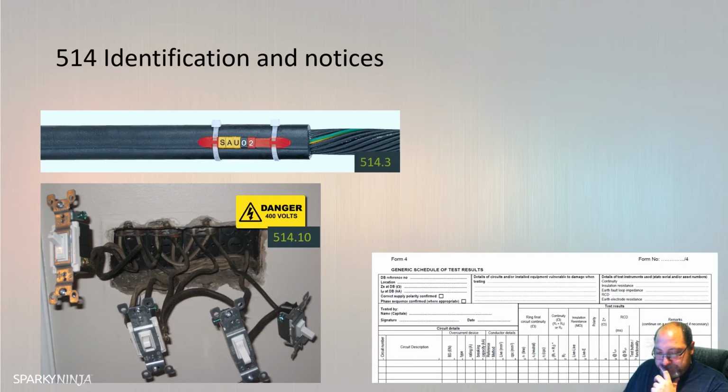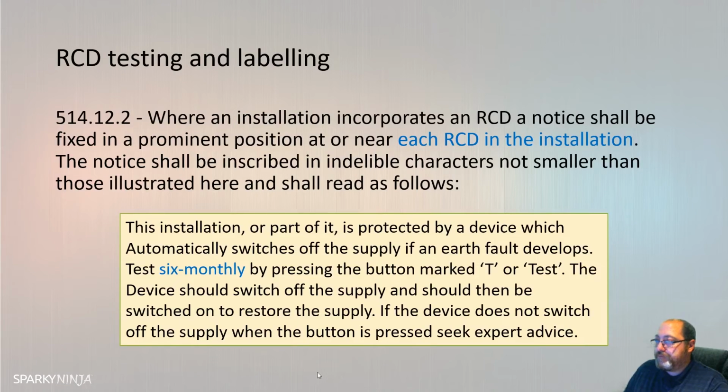Isolation labelling, periodic labelling, hasn't changed much. The RCD label has changed slightly. The frequency has now been increased to 6 monthly with the test button. And it also says in here, under 514.12.2, near each RCD in the installation.